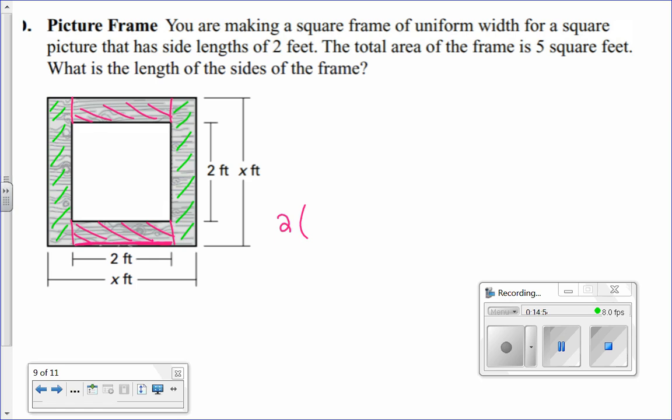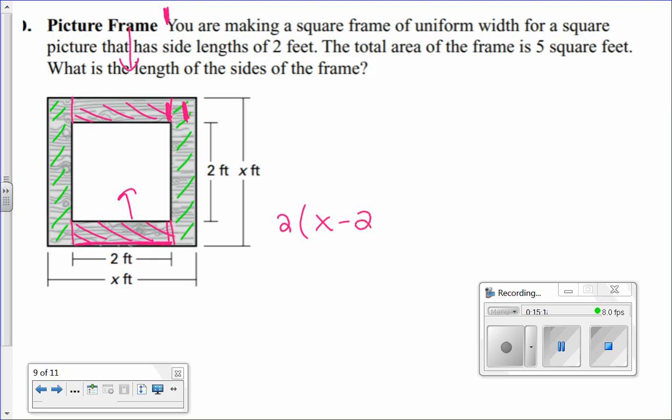But then on the other side, this dimension right here, the width, I guess you can call it, would be x minus 2. Because I'm kind of thinking about shoving these together. Does it make sense? X minus 2 would give you what's left here with what's left up top. But hopefully you can see that.